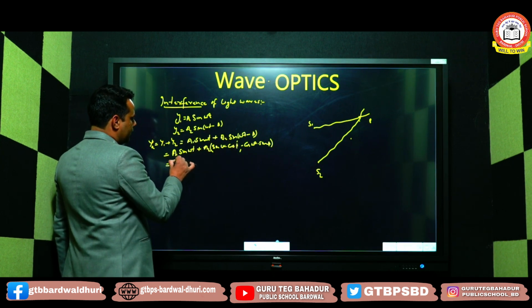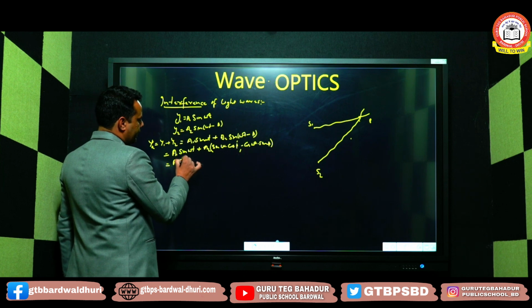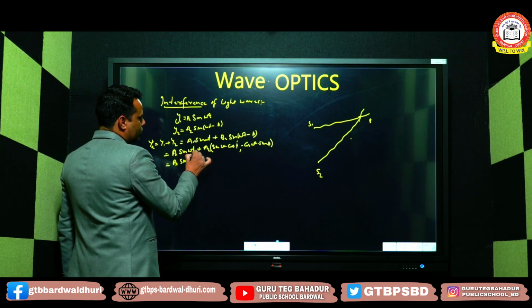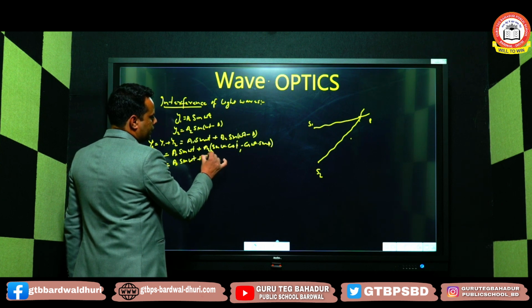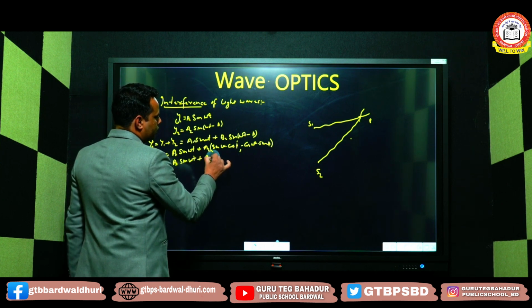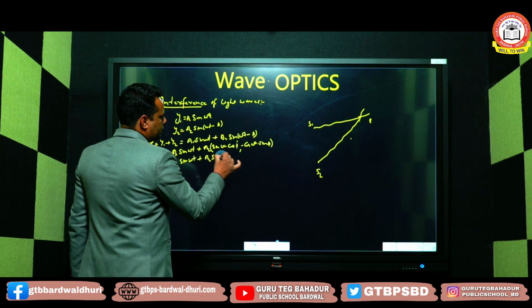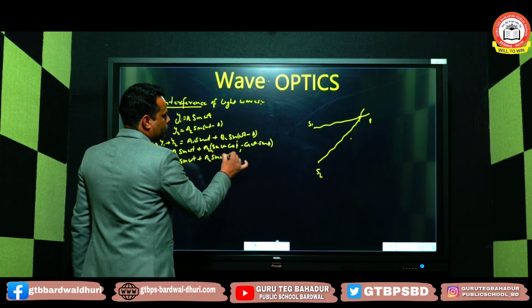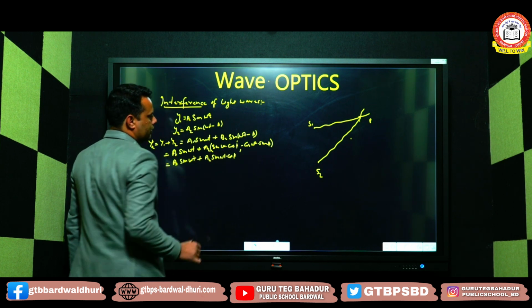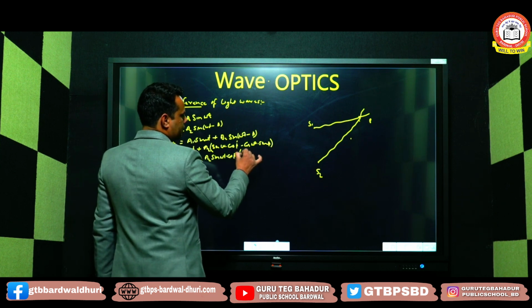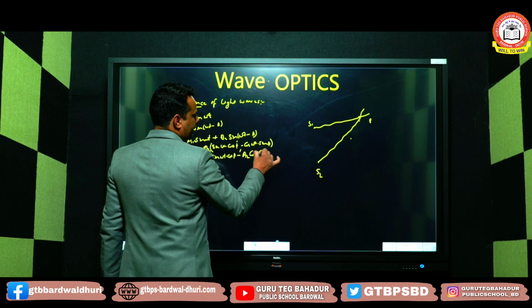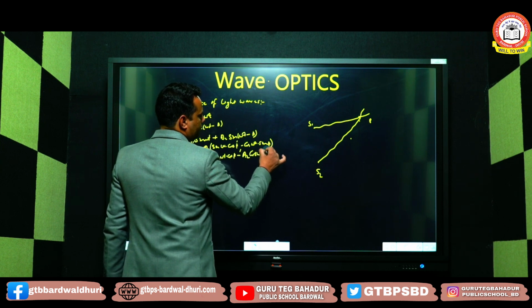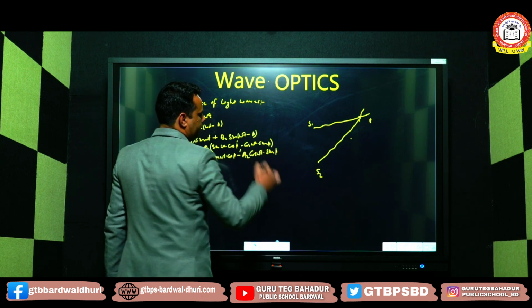I will have a1 sine omega t plus a2 sine omega t into cos phi minus a2 cos omega t into sine phi.